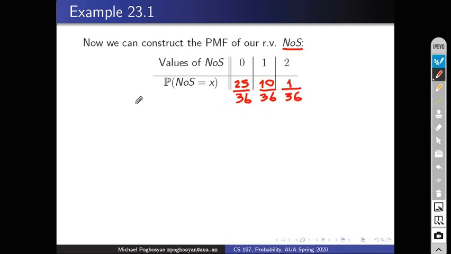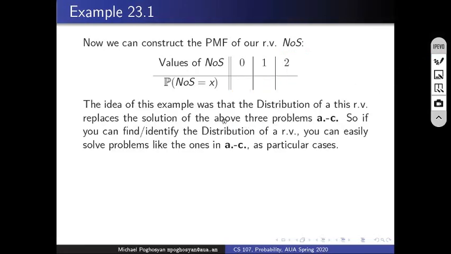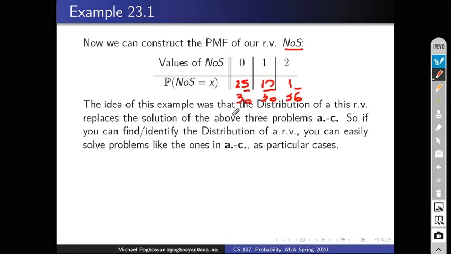So this is the PMF of our random variable, and having this means that we can solve that problem with points A, B, C simultaneously. Okay, so the idea of this example was that the distribution of our random variable is solving several problems simultaneously. So we can calculate the probability of having 0 sixes, 1 six, or exactly 2 sixes simultaneously.